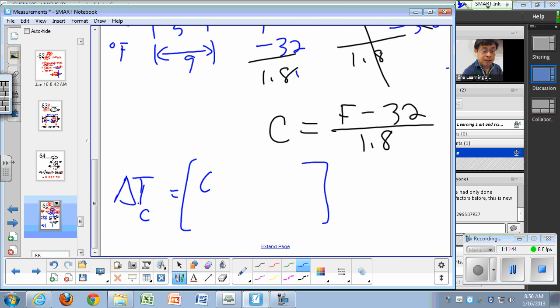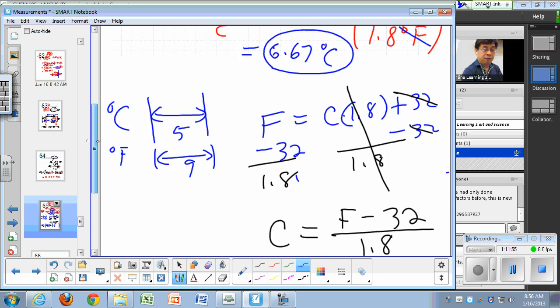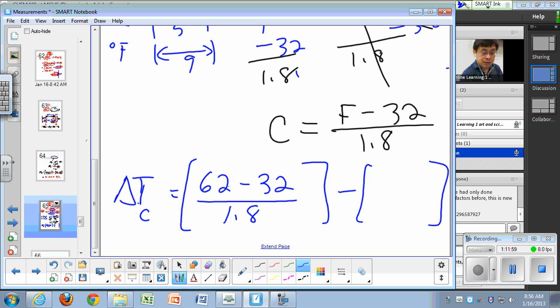So you're going to say 62 minus 32 divided by 1.8. And then the initial reading is 50, right? So you went from 50 to 62. By the way, this is 62.0, and the initial one is 50.0. That's your Fahrenheit reading. You subtract 32, you divide by 1.8.